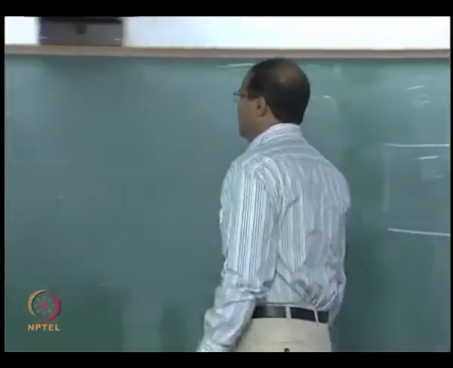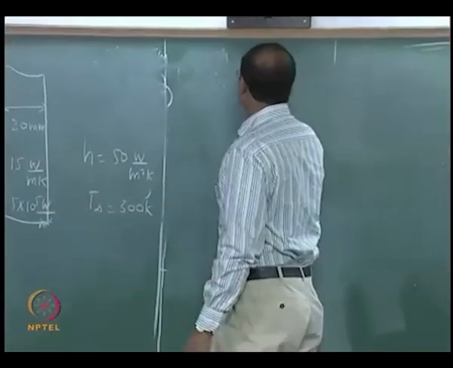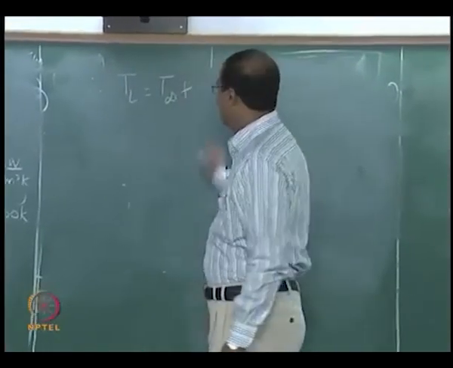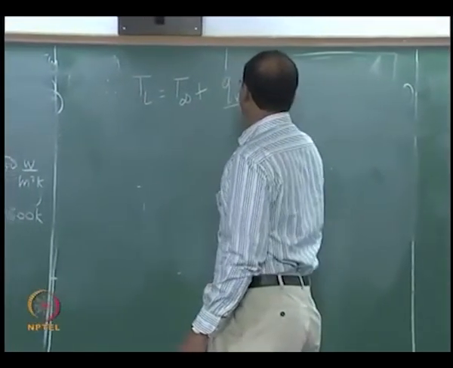Now you can get TL equal to T infinity plus QV L by h, that is what we got.